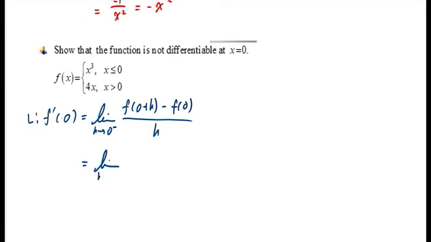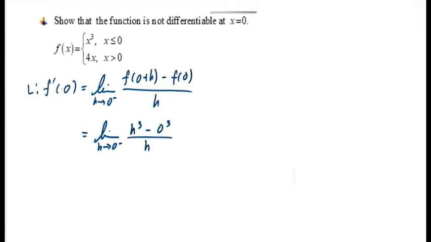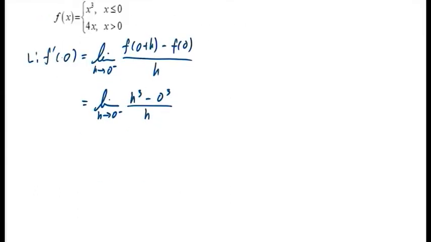Now that is h approaching 0, and then this is h cubed, 0 plus h cubed minus 0 cubed over h. Still with me? And then, of course, h is cancelled, so that gives me the limit of h approaching 0 from the left-hand side of h squared, which will give me 0.